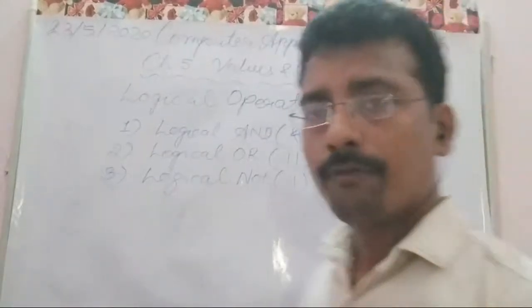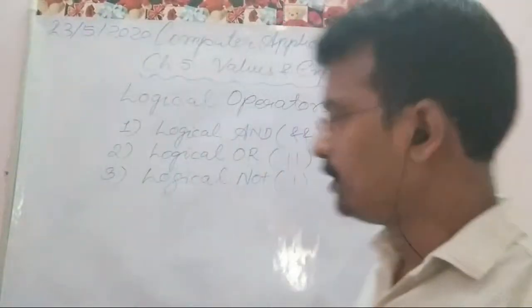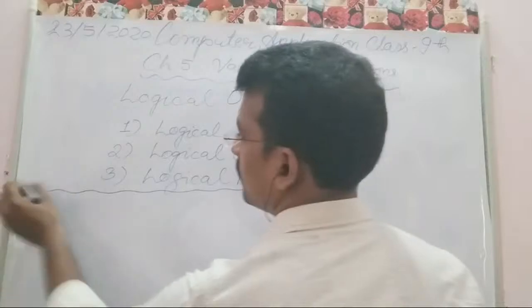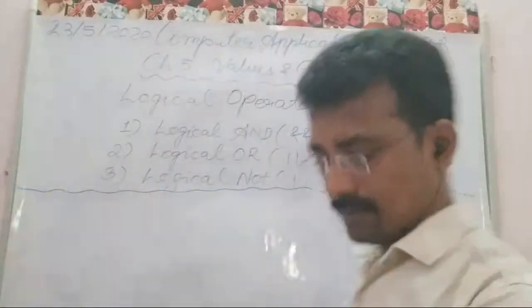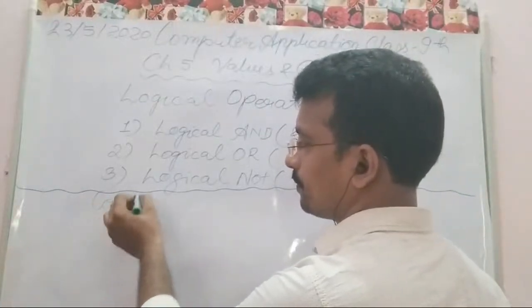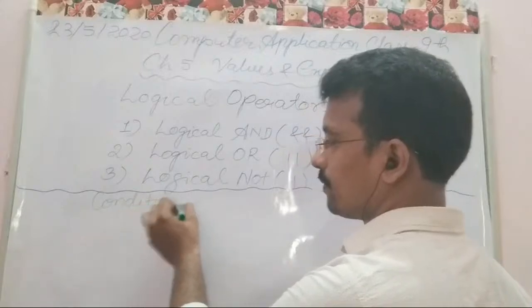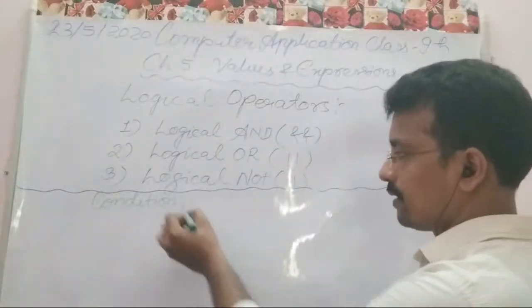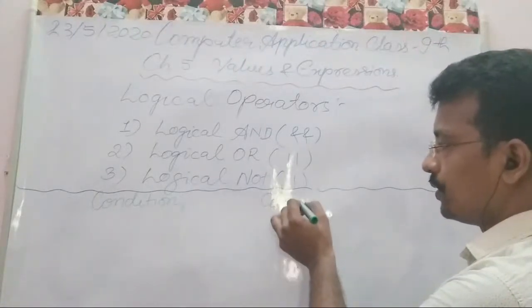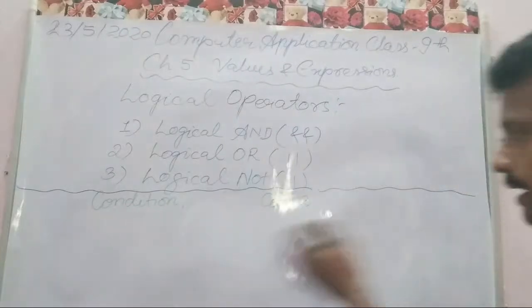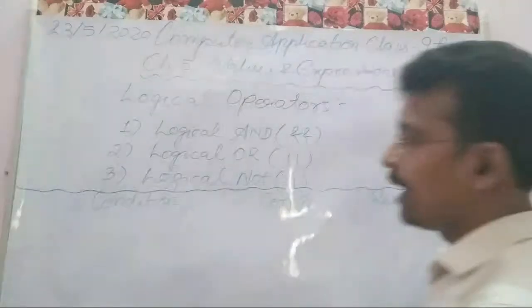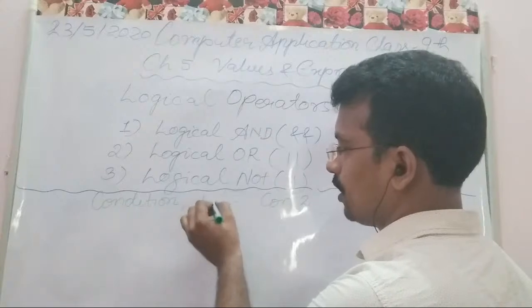So we are starting with a table. This table will tell you everything and clear everything related to the various operators. First, we have to write a condition 1, then condition 2, and result, and use of logical operator.